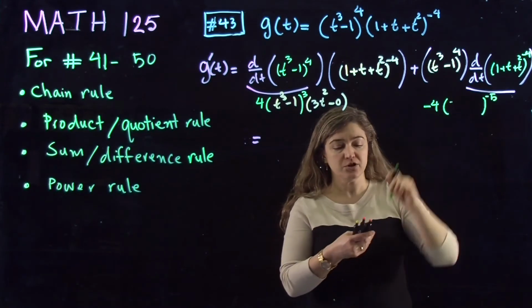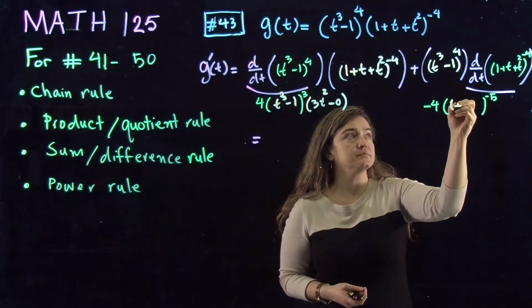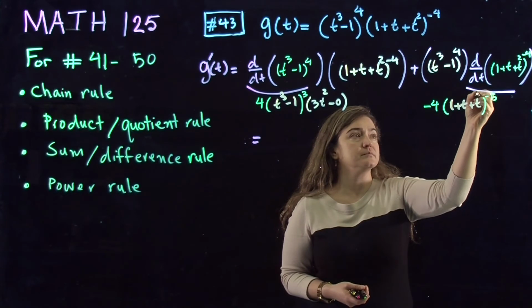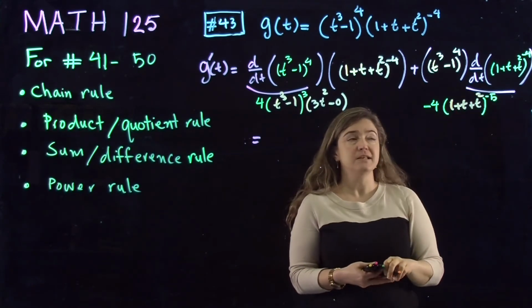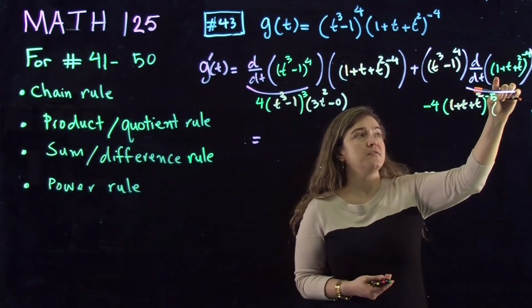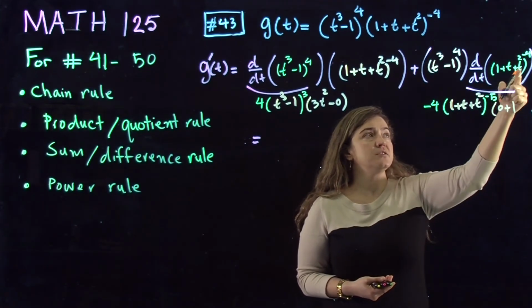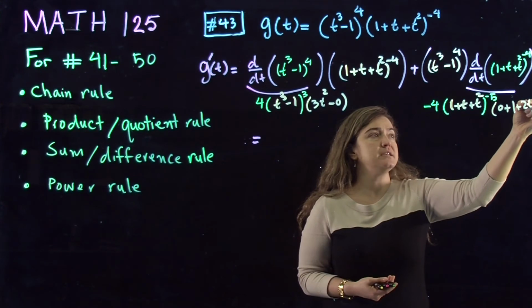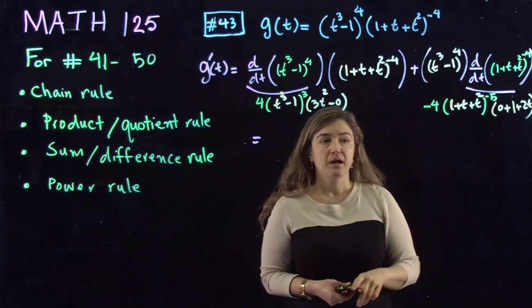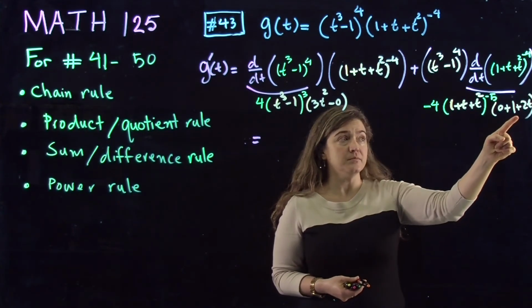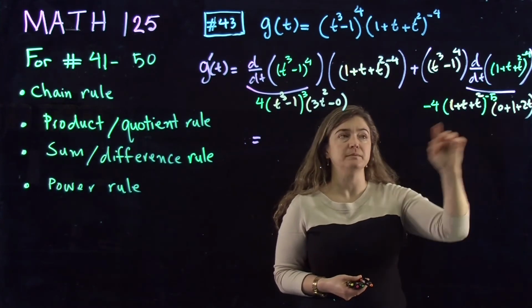Inside is unchanged. Then the derivative of inside: derivative of 1 is 0, derivative of t squared is 2t, using the sum and difference rule.